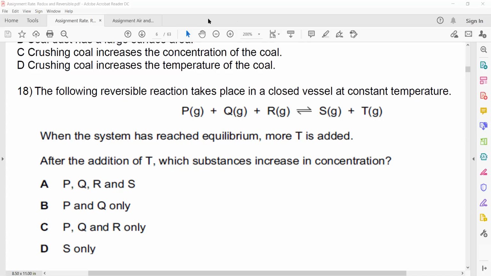Yeah, that's right. C will be the correct answer because when I add more T, equilibrium shifts towards the left. So if equilibrium shifts toward the left, the amount of product will decrease and the amount of reactant will increase.